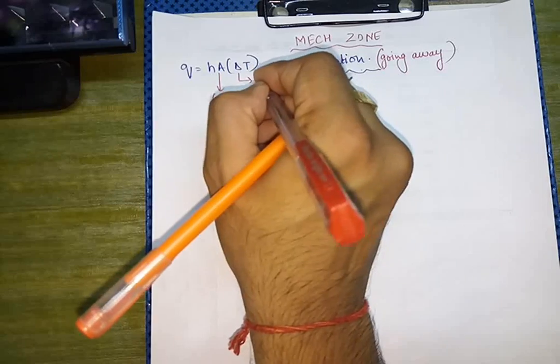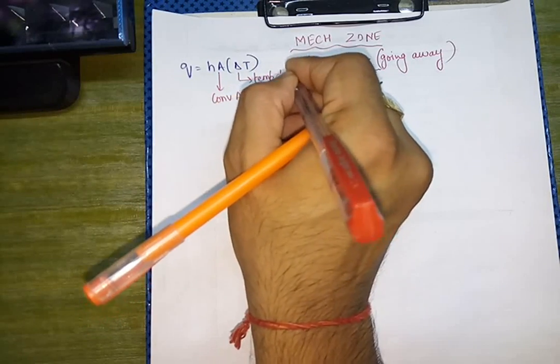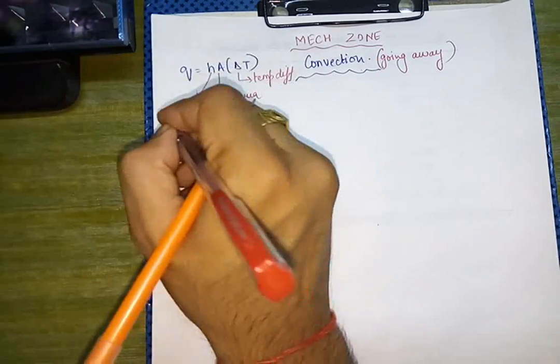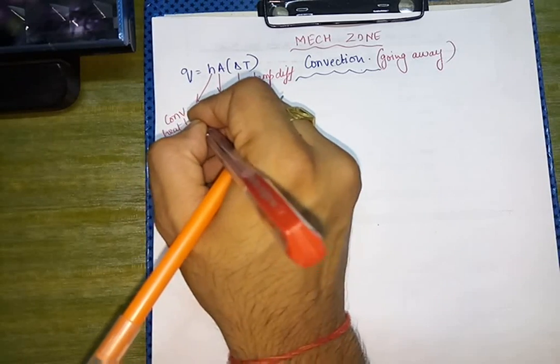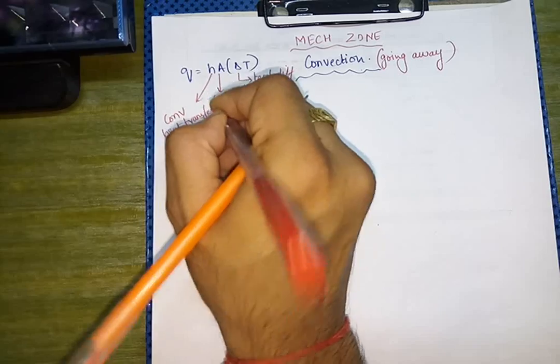Delta T was the temperature difference, and h was the convective heat transfer coefficient.